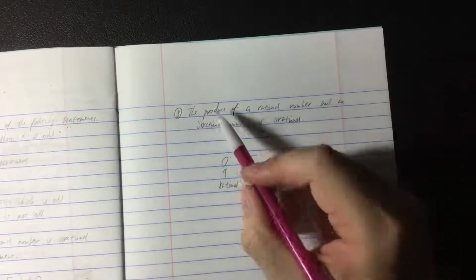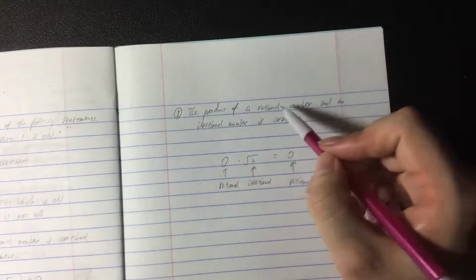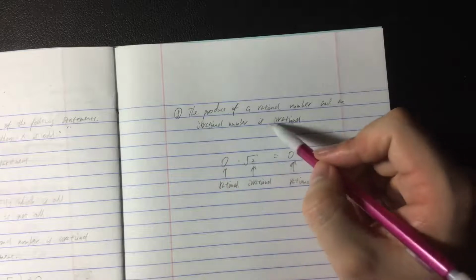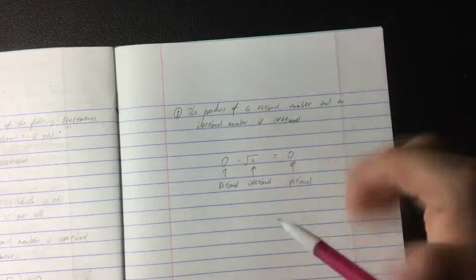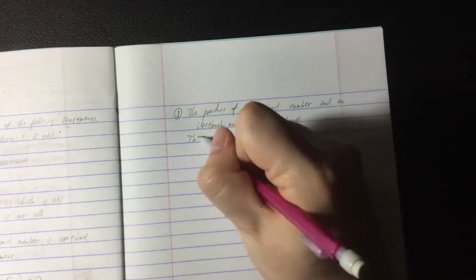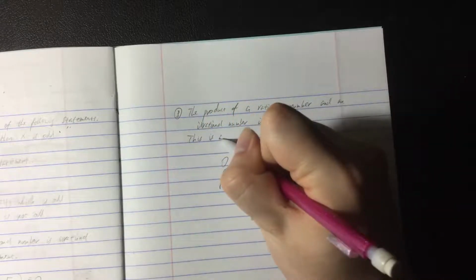But the problem says the product of a rational number and an irrational number must be irrational. So this example is enough to make this statement false. One example is enough to fail a statement. So here we know that this is a false statement.